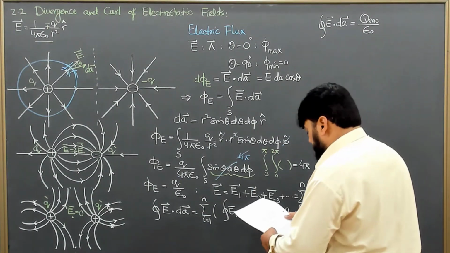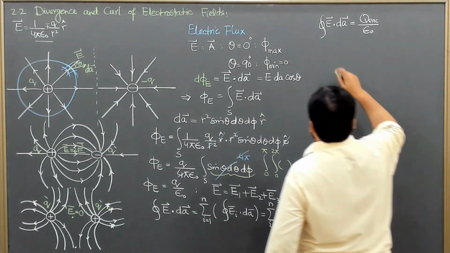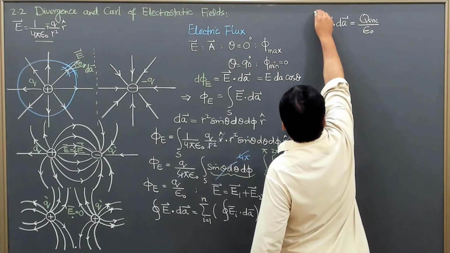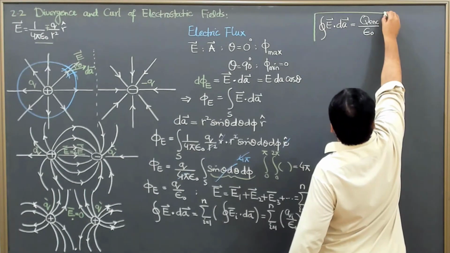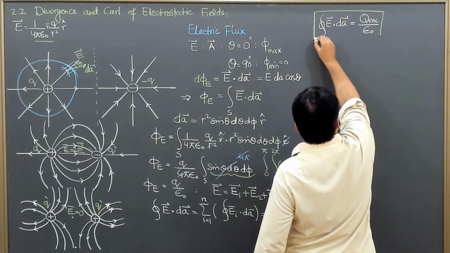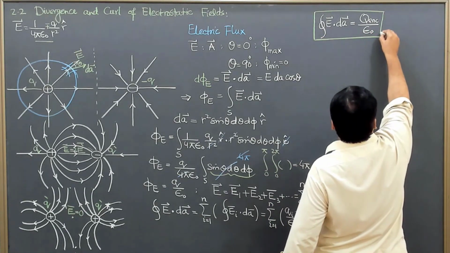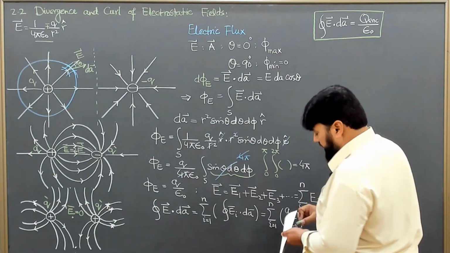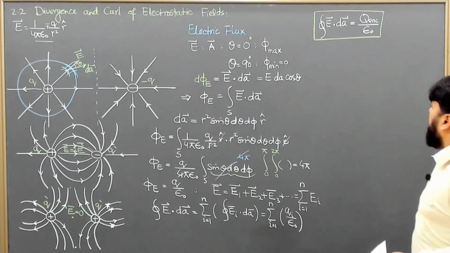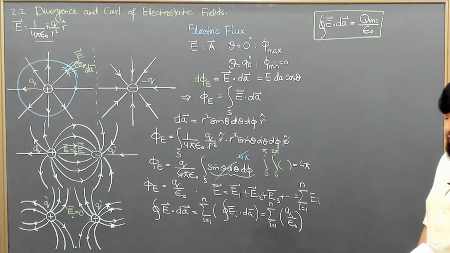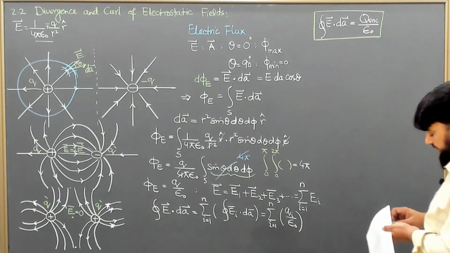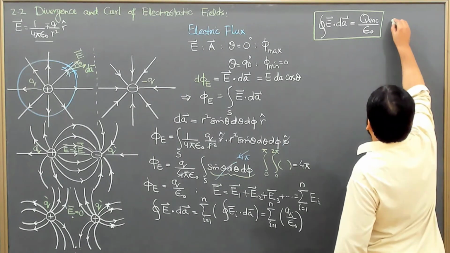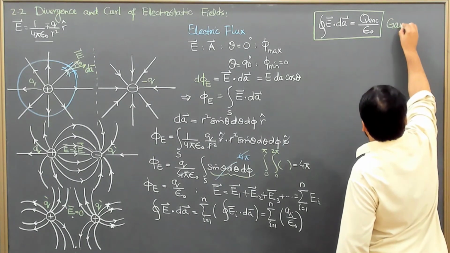And this we call Gauss's law: that the flux is equal to Q, the total charge enclosed, divided by epsilon naught.